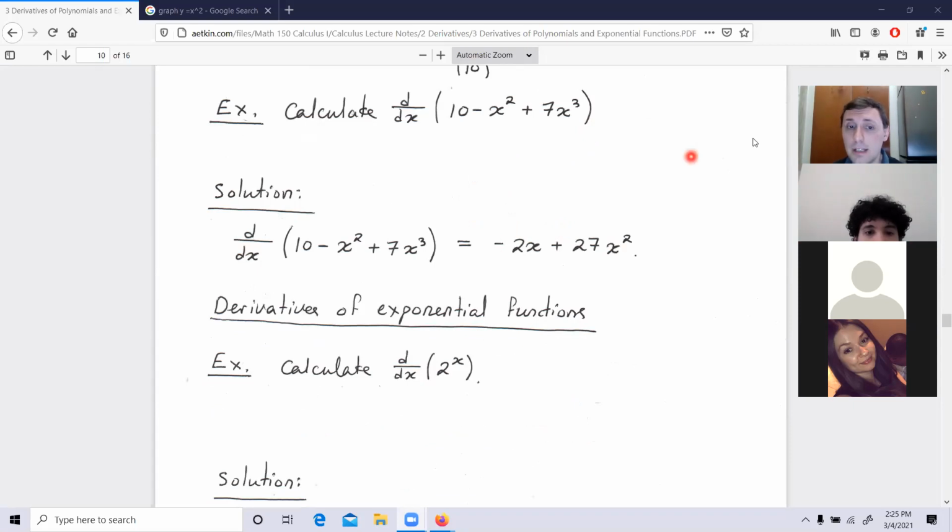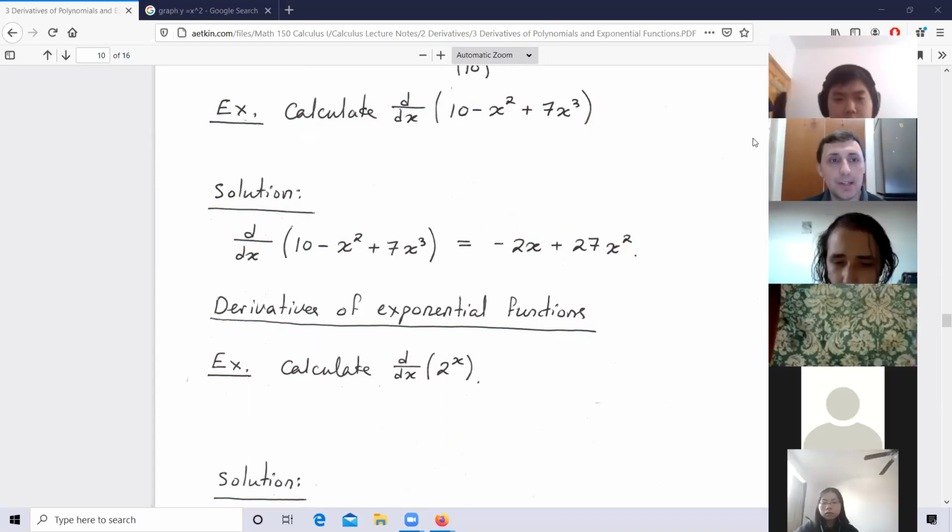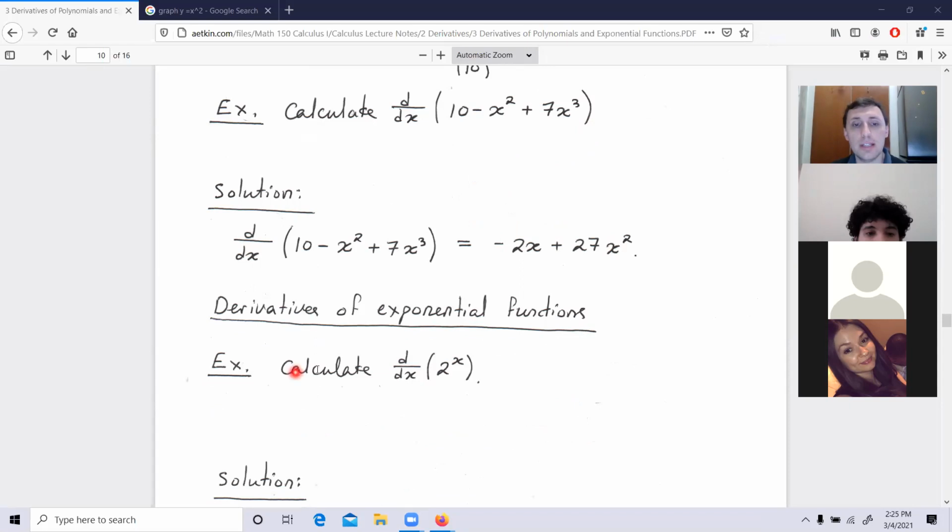All right, guys, let's just see where you stand. So now let's see what would you say if I asked you to calculate the derivative of 2 to the power of x? Derivative of 2 to the power of x. Give me a second.